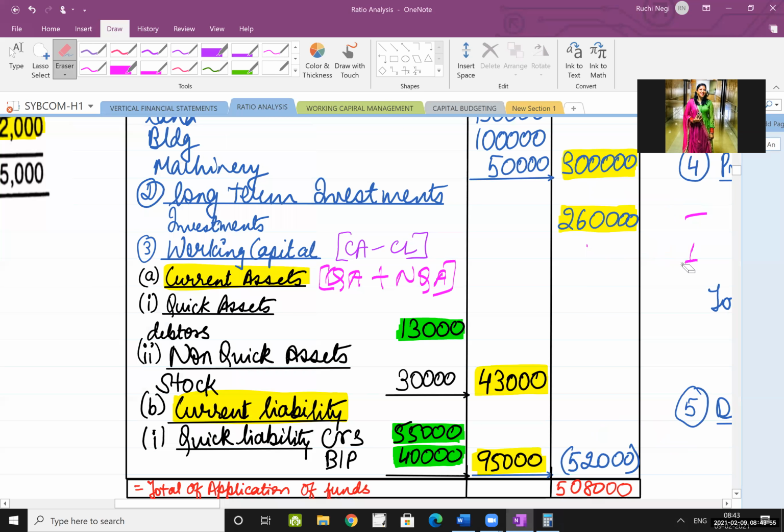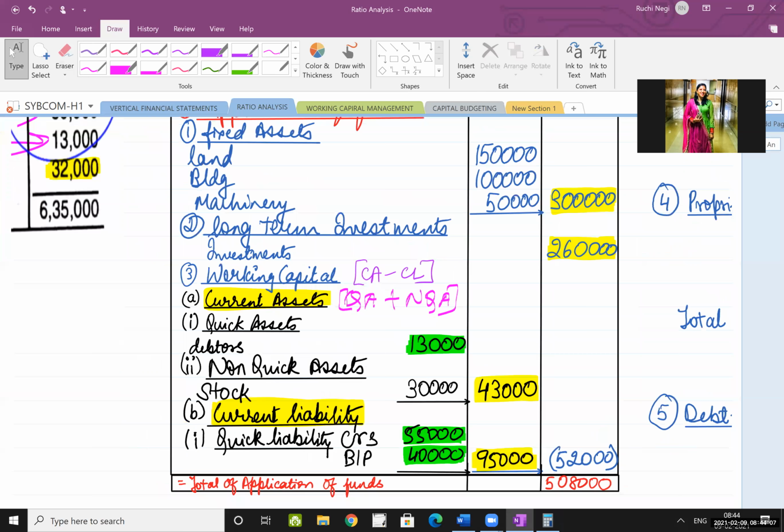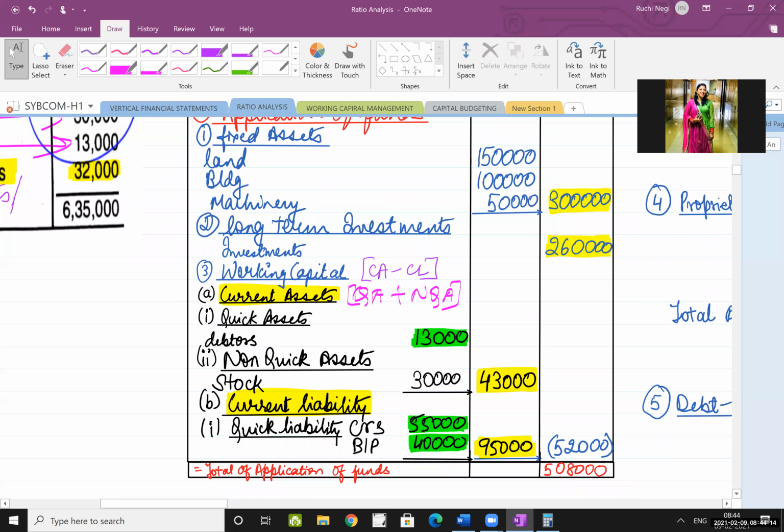My answer has to tally because it's a balance sheet. Total of application of funds. I hope I'm clear till here. Understood? Yeah, is it clear? Okay.